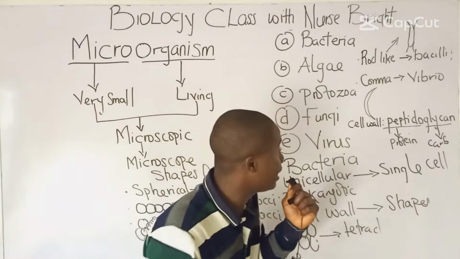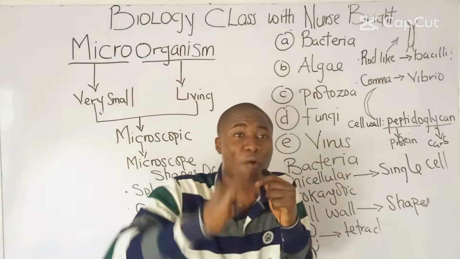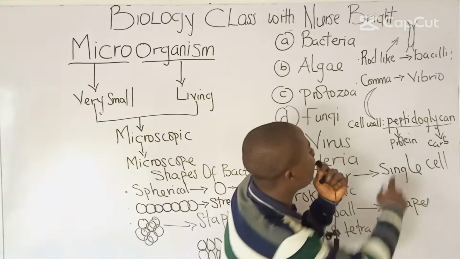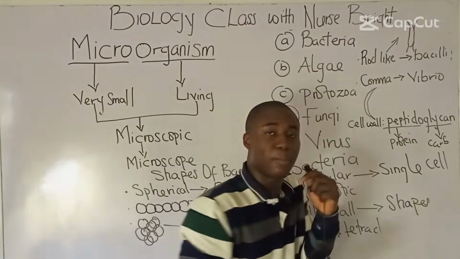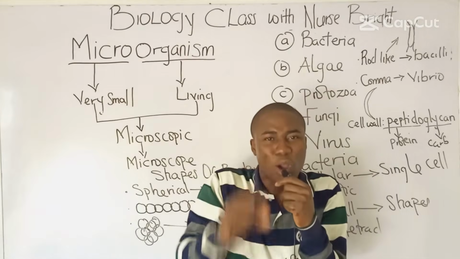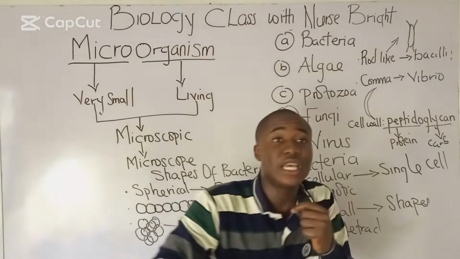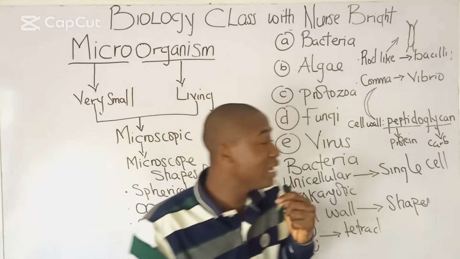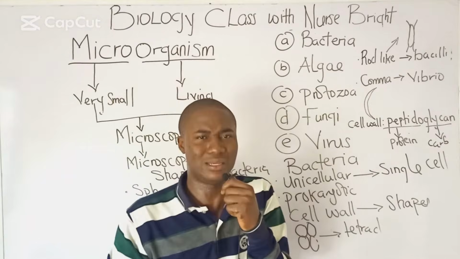That is why we are saying that the cell wall of this bacteria is made up of peptidoglycan containing proteins and carbohydrates. And remember, the smallest unit of a protein molecule is basically called amino acid, while the smallest unit of carbohydrate is sugar.